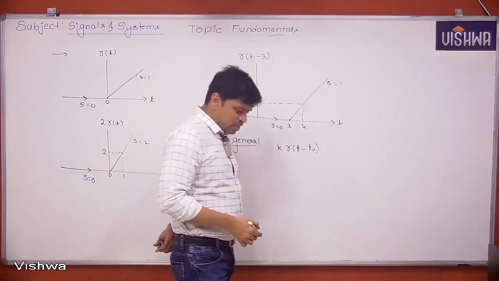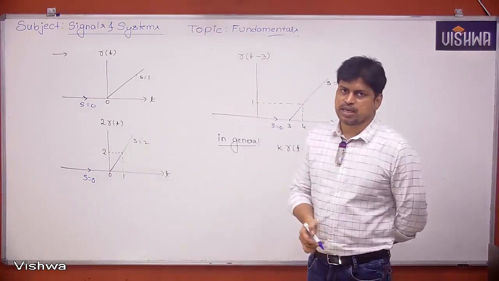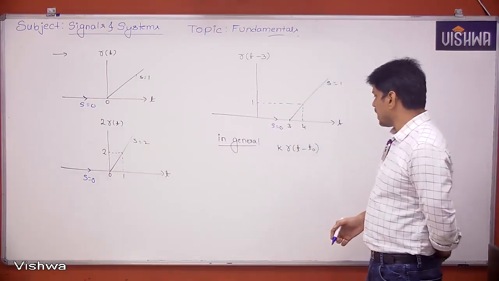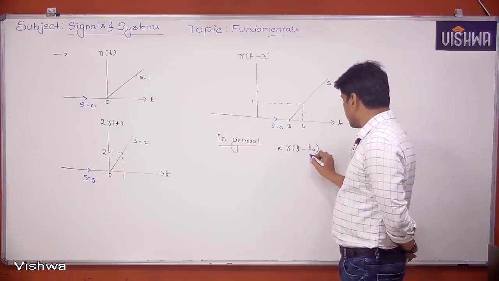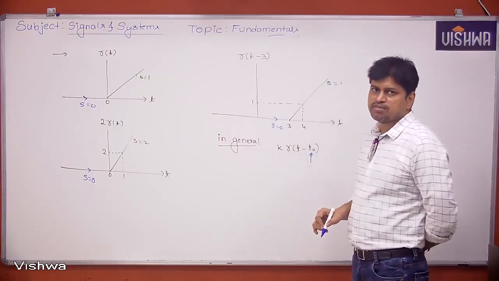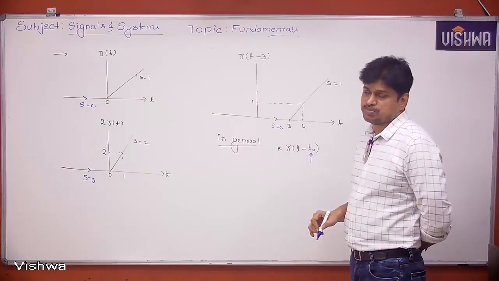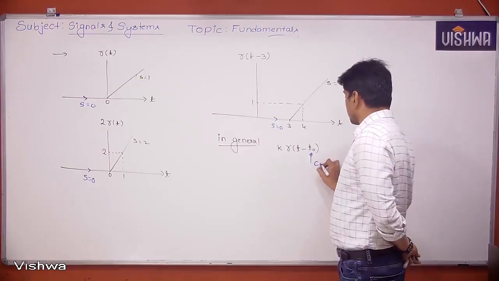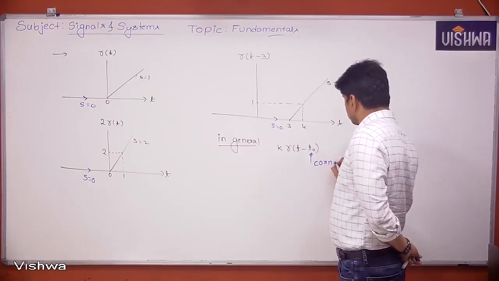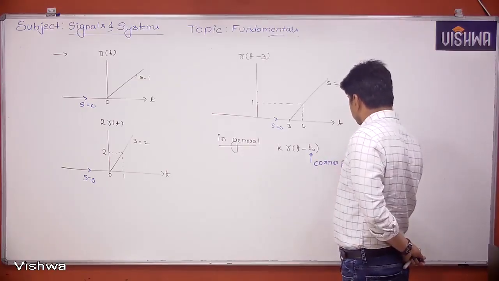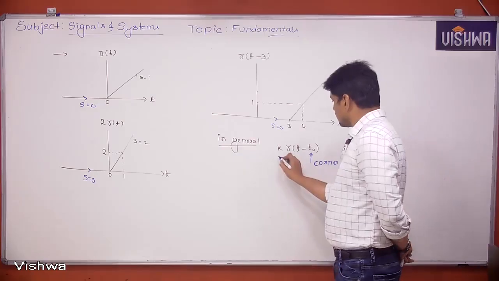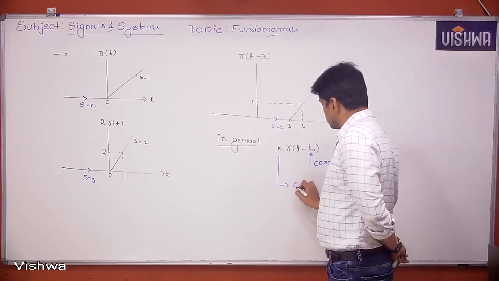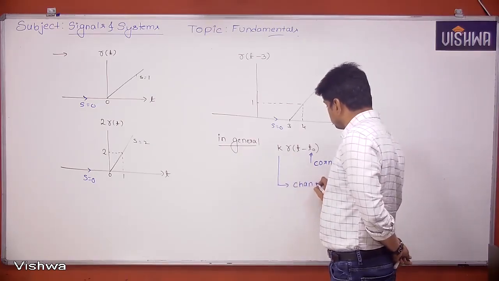So wherever the slope changes, those points are called as corner points. So I can say this t naught is nothing but location where slope getting changed, or simply we can call it as corner point. This is corner point. And what the k indicates, that is change in slope.